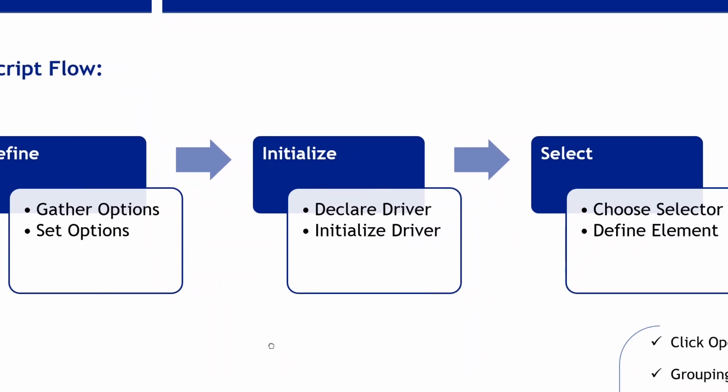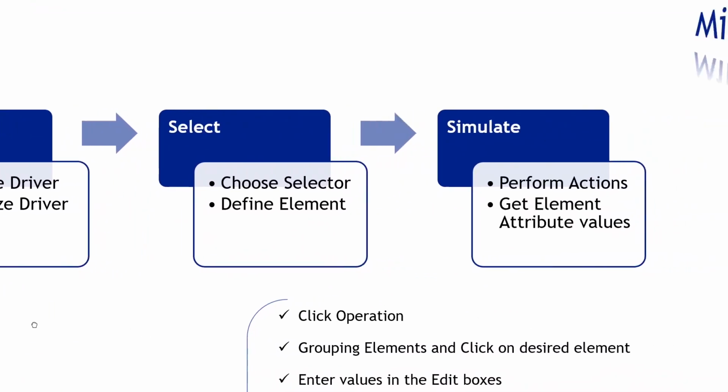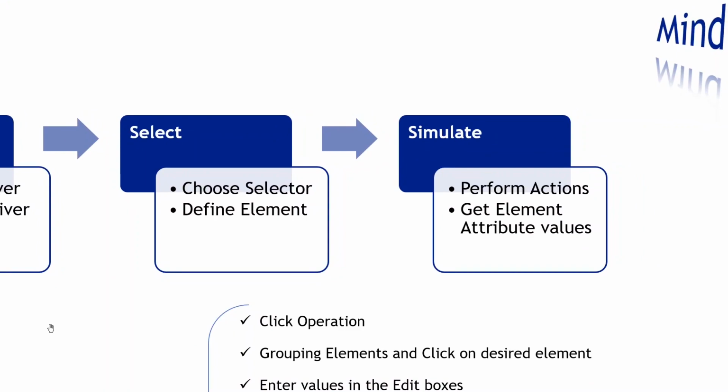Okay, and initialize. So we need to initialize the driver. Declare the driver and initialize, and that can happen in one statement as well. And then we have to find out what are the selectors that we have to apply on the specific element. If you are not defining that, then it is not going to fulfill our need.